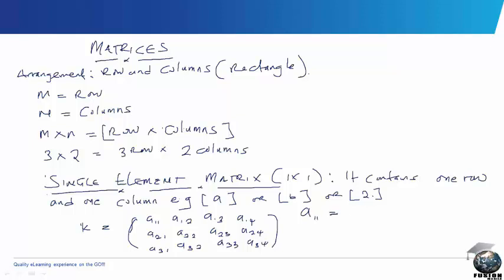This is as good as saying Amn. A in row 1 and column 1. This one is read as A, a number in row 1 and column 2, a number in row 1 and column 3, a number in row 1 and column 4. And so this is the way matrices are represented.